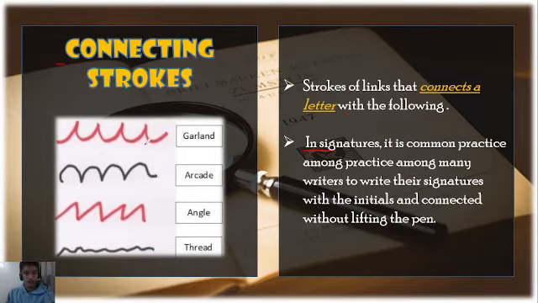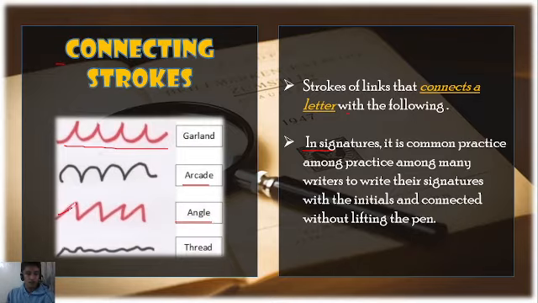Okay, connecting strokes. So meron po tayo yung tinatawag na garland, or the opening is on the upper, or facing on the upper part. Okay, or we have here also arcade. So arcade, the opening is facing downward. Okay, and we have here the angle, or angular strokes.